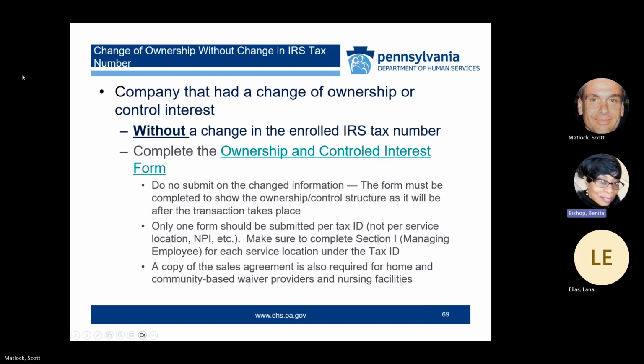The form must be completed to show the ownership control structure as it will be after the transaction takes place. Only one form should be submitted per tax ID, not per service location or MPI, etc. Please make sure to complete section I, managing employee, for each service location under the tax ID. A copy of the sales agreement is also required for home and community-based waiver providers in nursing facilities.